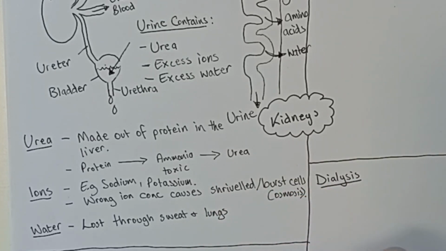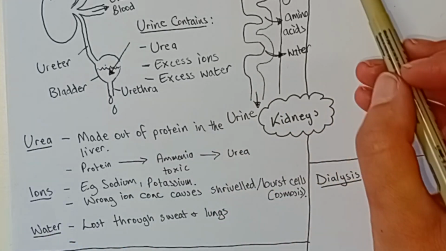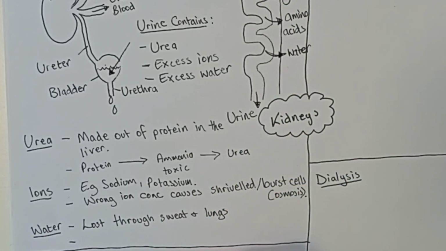And obviously you drink varying amounts of water during the day and you eat varying amounts of water. So your water levels in your body will fluctuate massively. And again, if you've got too much water in your blood, it will cause cells to swell up and burst. If you've got too little water in your blood, it will cause your cells to shrivel down and crenate. Either way, it's bad news. So you really need to be careful about how much water is in your body, and that's where the antidiuretic hormone comes in.